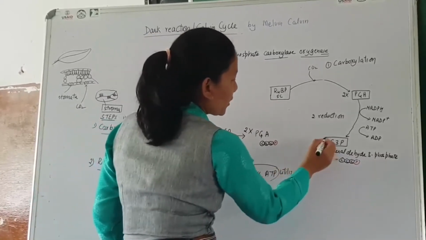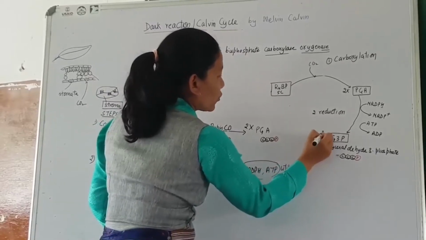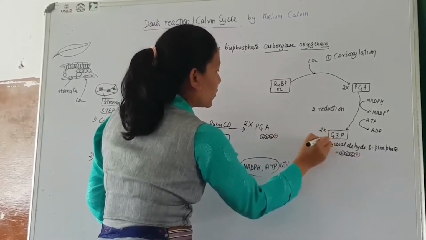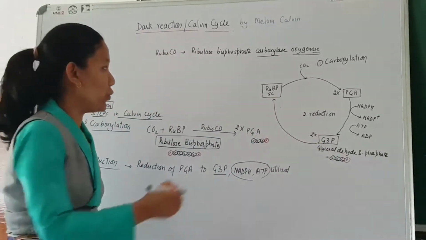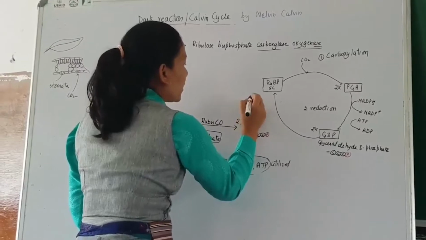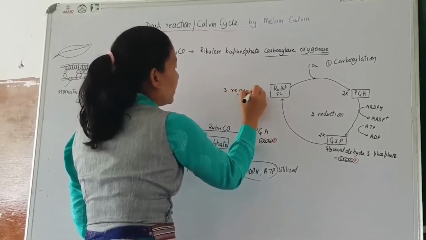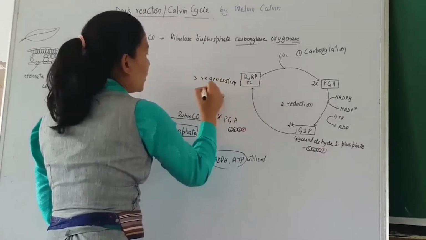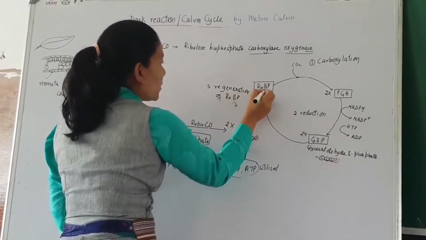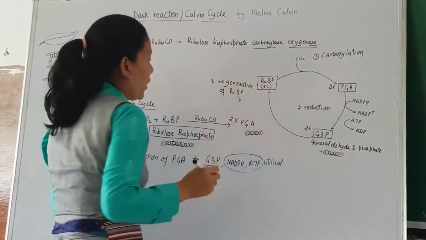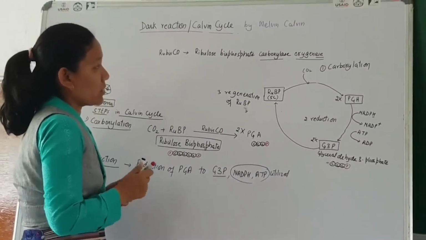Once it is formed, it is used to regenerate RuBP if the cycle has to continue. So the third step is regeneration of RuBP, that is the acceptor of carbon dioxide. So here these are the 3 steps.